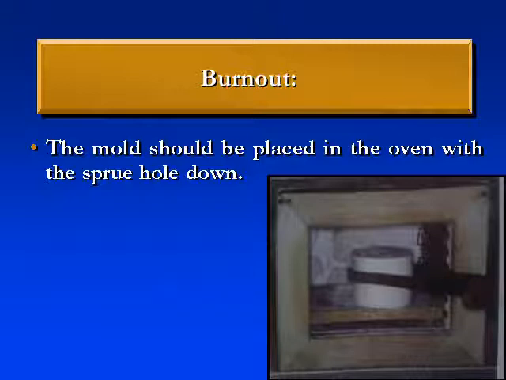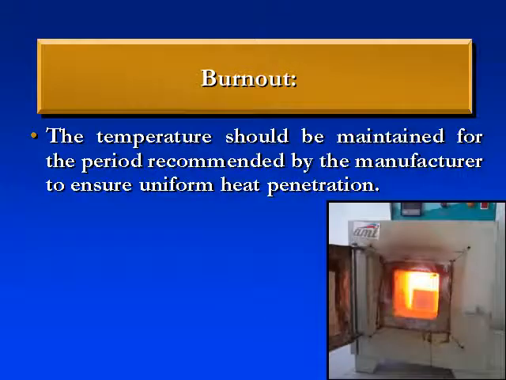The burnout is done by placing the mold in the burnout oven with the sprue hole directed downward in order to eliminate the wax pattern. The temperature should be maintained inside the oven for the period of time recommended by the manufacturer. Why? To ensure uniform heat penetration to the mold.